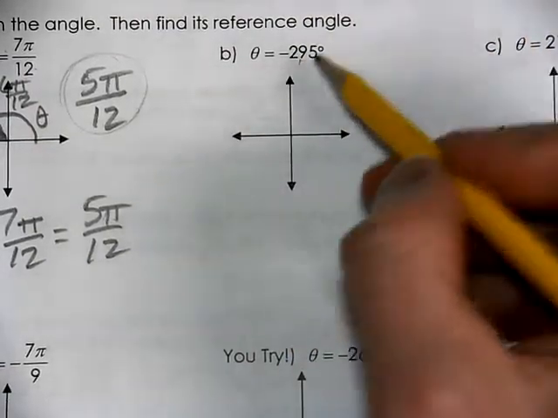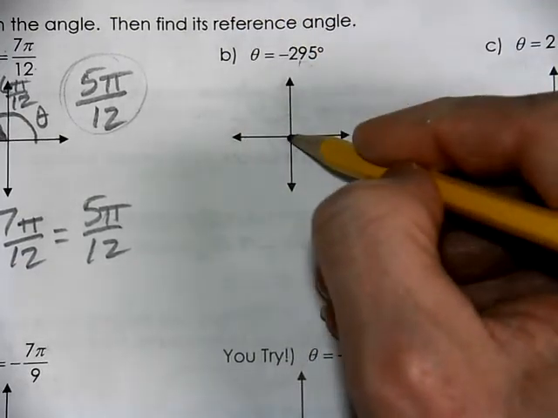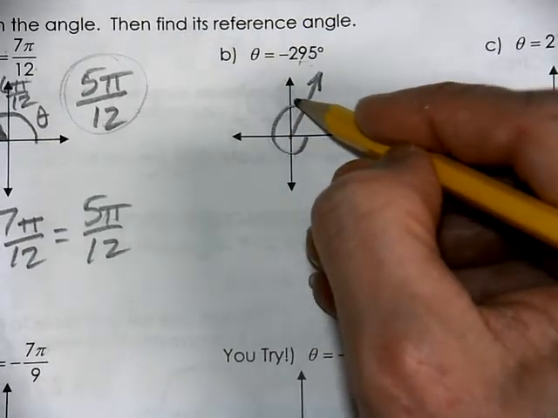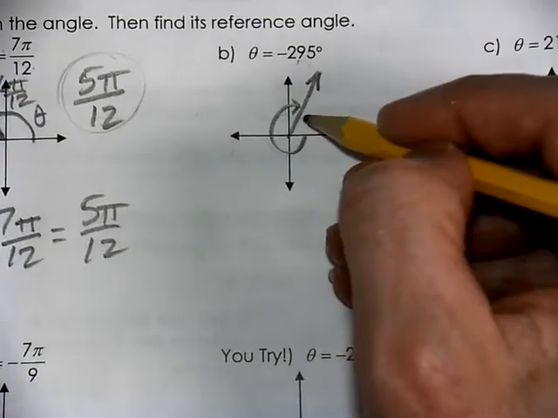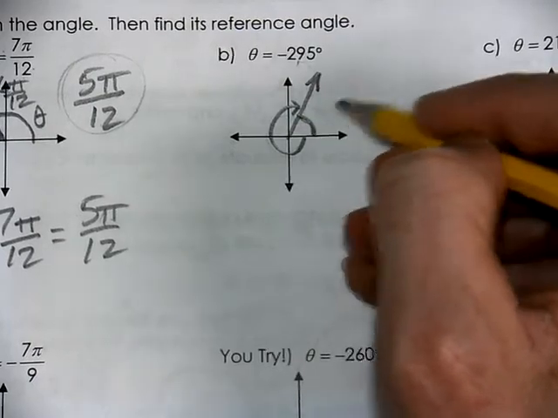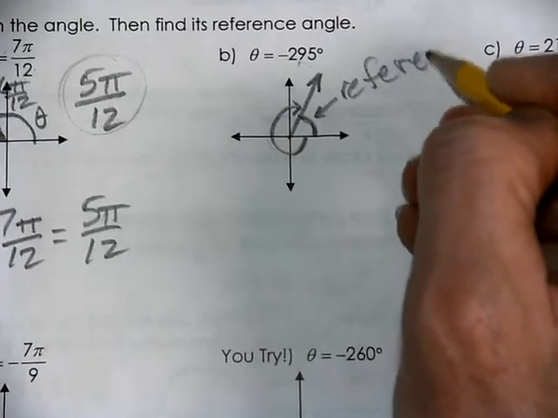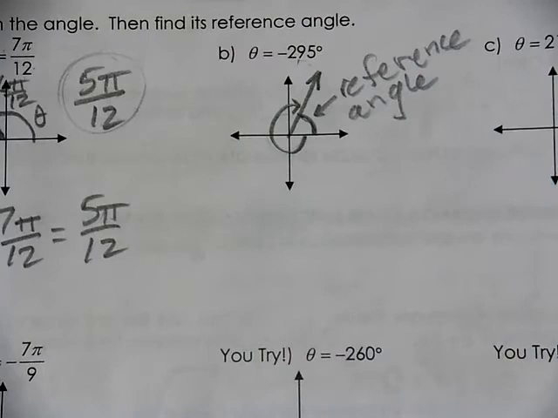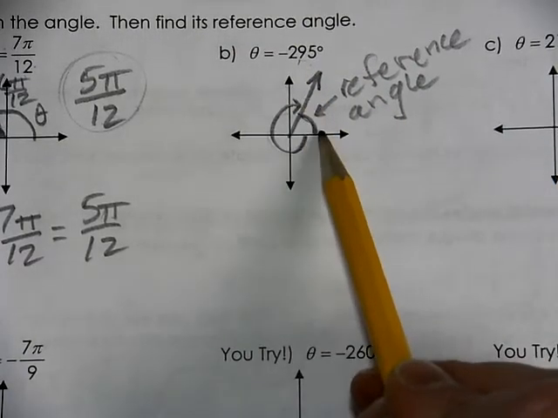All right, let's try negative 295. Negative 295 is going to be more than negative 270. So there is your negative 295. How many more degrees do you need to go to get to the x-axis? If this was 300, it would be 60 more degrees.